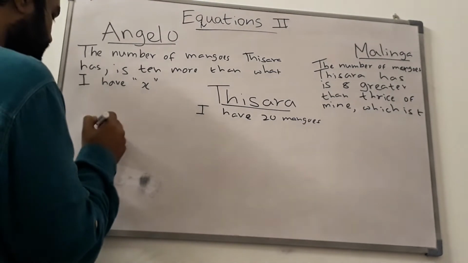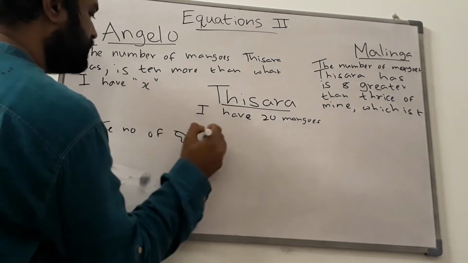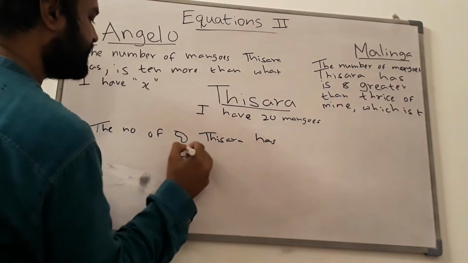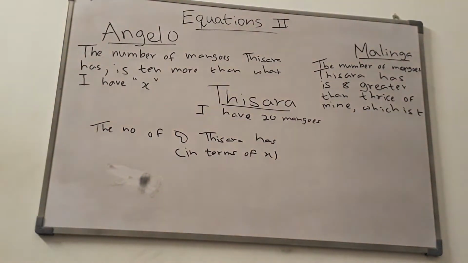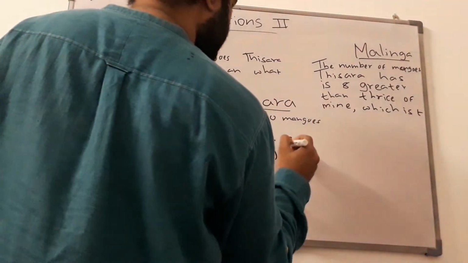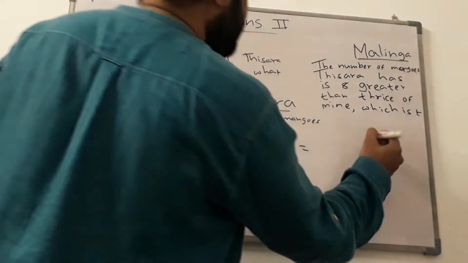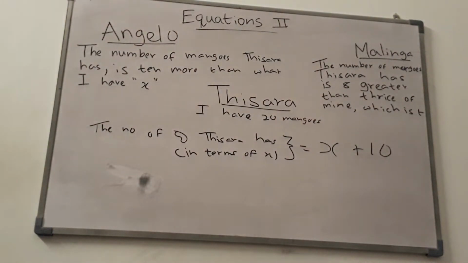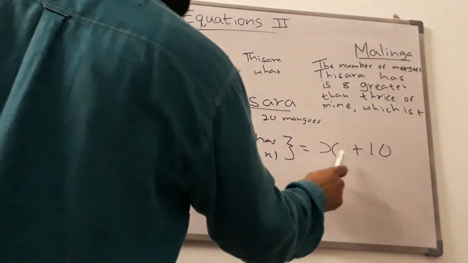So in terms of what Angelo has, the number of mangoes Tissara has is 10 more than what Angelo has. 10 more than what Angelo has means 10 more than X. So it will be X plus 10.